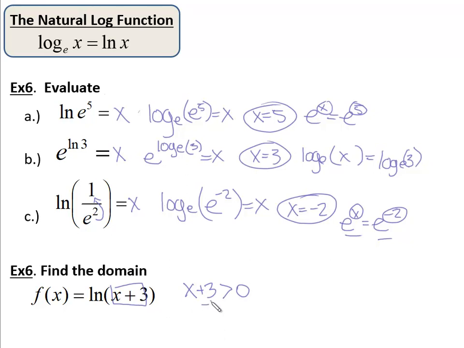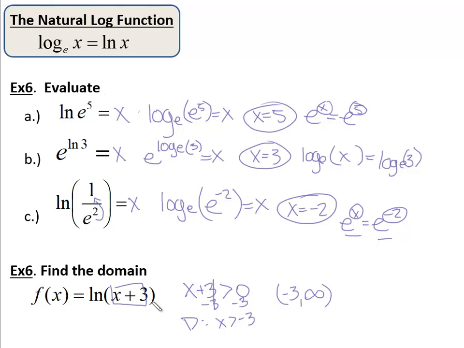So to find my domain, I end up with x has to be greater than negative 3. So there's my domain. If I wanted to write that out in interval form, we're going to say it starts from negative 3, non-inclusive, because it's not allowed to equal, so open bracket, to positive infinity.